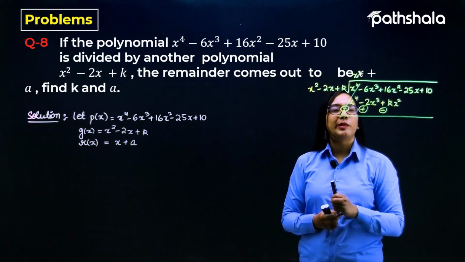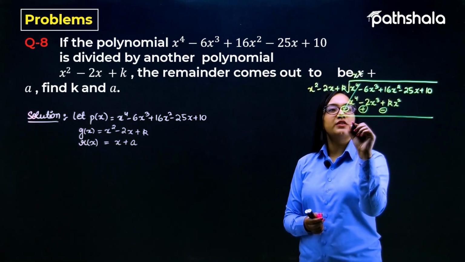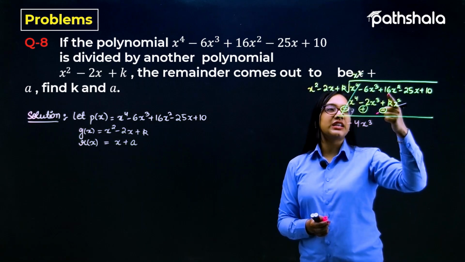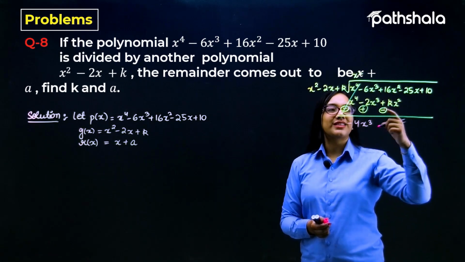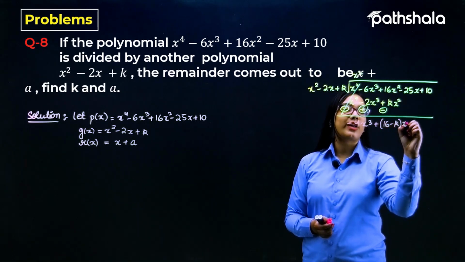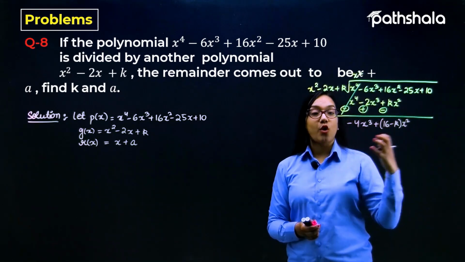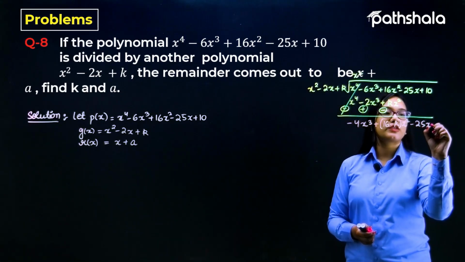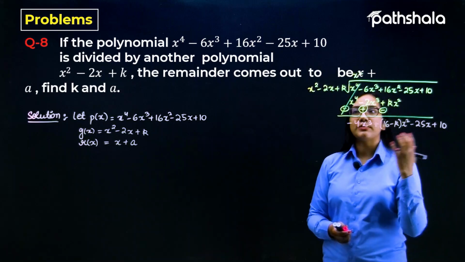Minus 6x cube plus 2x cube is minus 4x cube. Further, we will have plus 16x square minus kx square. We can write it as 16 minus k x square, as I have taken x square as a common term out of both of these, minus 25x plus 10. So let's just divide the terms again.